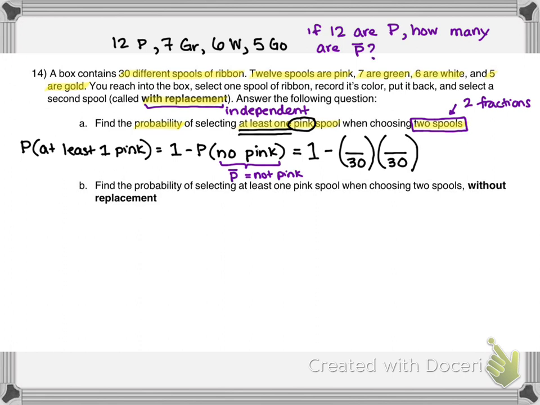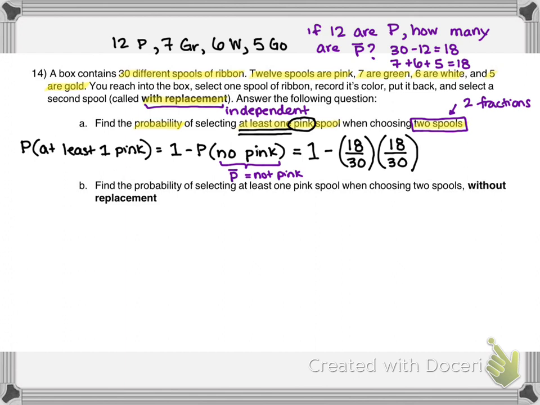So there's 2 ways to think about it. We can either do 30 minus 12, right? So 30 minus 12 is equal to 18. The other way we can do it is we can take the green plus the white plus the gold, and we would also get 18 if we add all that together. So we now know that we have 18 spools that are not pink. So that would be our numerator. I want it to be not pink and then not pink again.